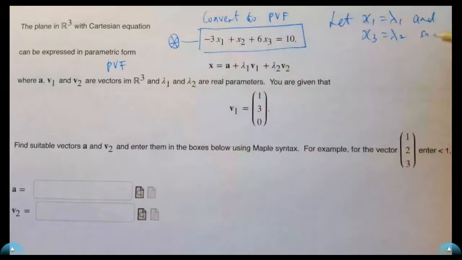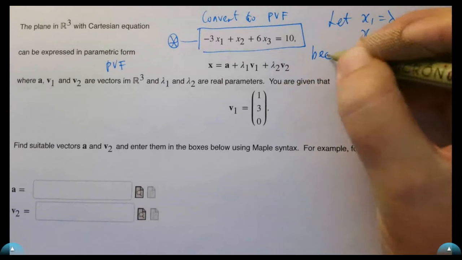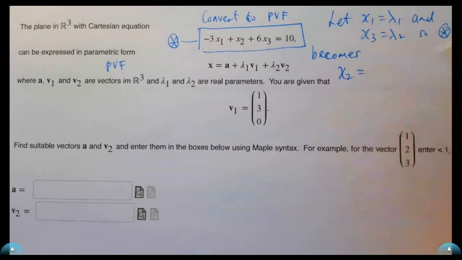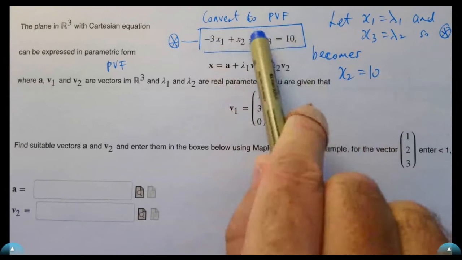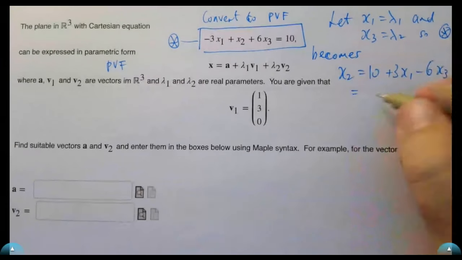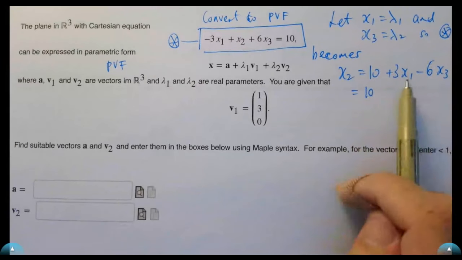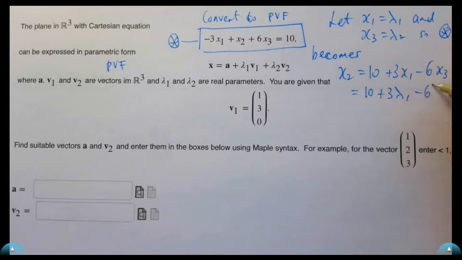So if I label this, it will be 10. Move that around, move that around. We have x2 on its own. So x1 was put in to be lambda 1, x3 lambda 2.